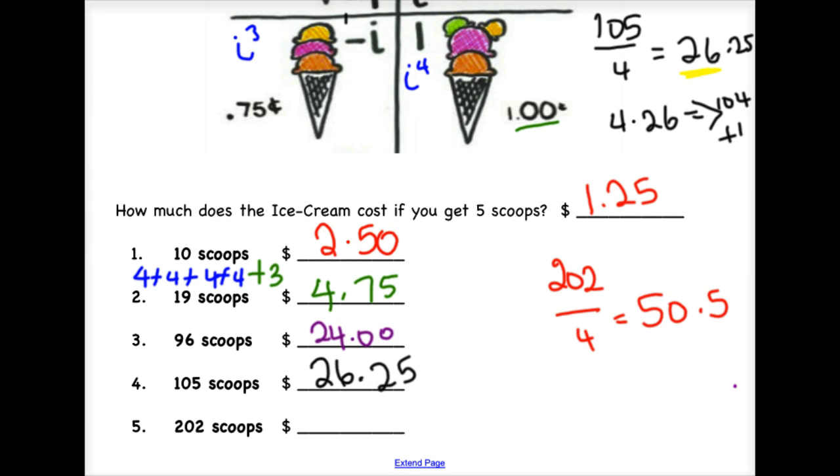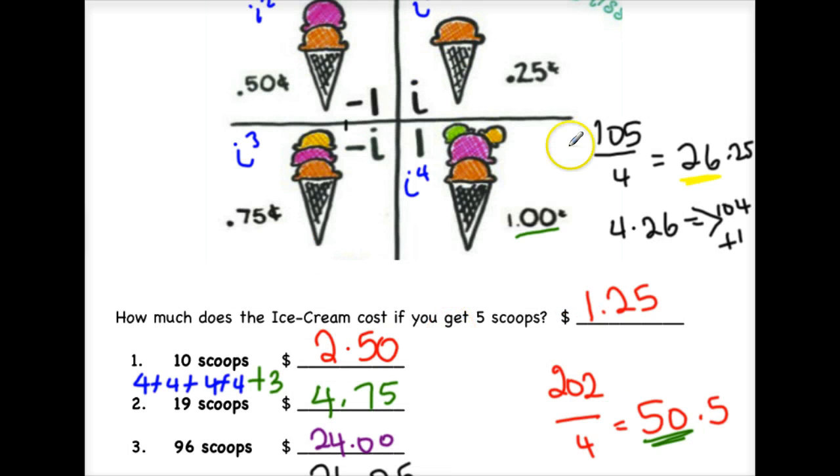And remember what to do. Take the whole number, that's my dollar amount, and I want to see how many cents. So 4 times 50 is 200. I have 200 and I want to get two more. So I'm going to add two more, and two more scoops is going to cost me 50 cents.